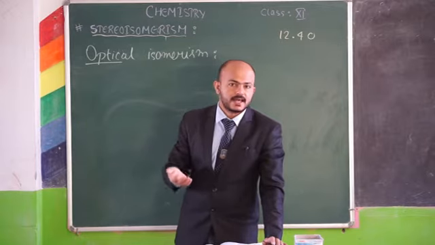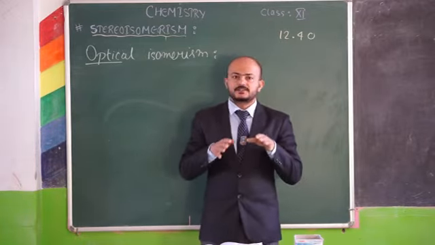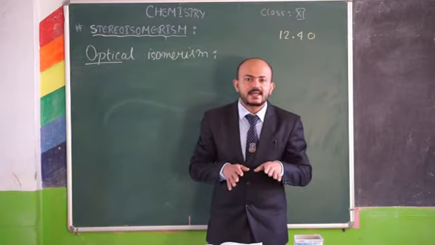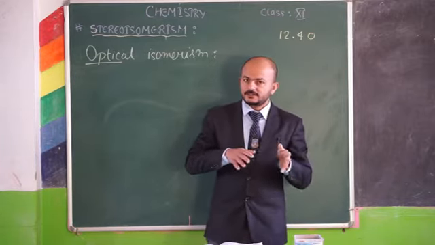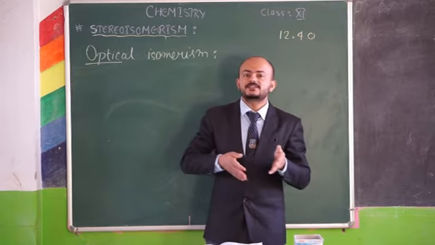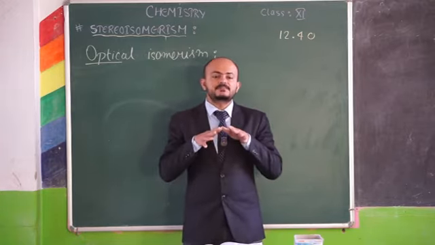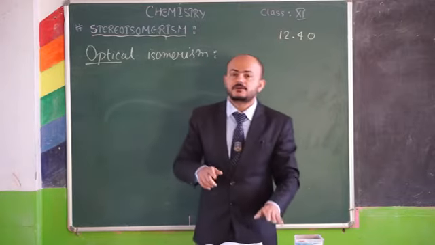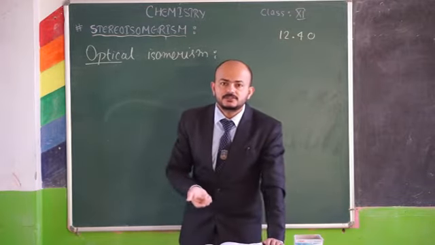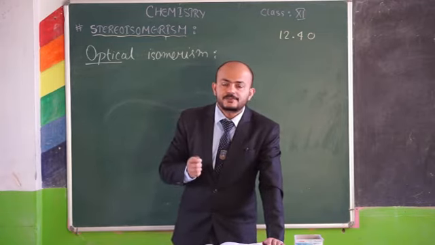plane polarized light. Whenever you have a source, and from a source a beam of light comes, it contains wavelengths of different magnitude, and it is spreading in all the directions. So for the purpose of optical activity, what we need is monochromatic light.